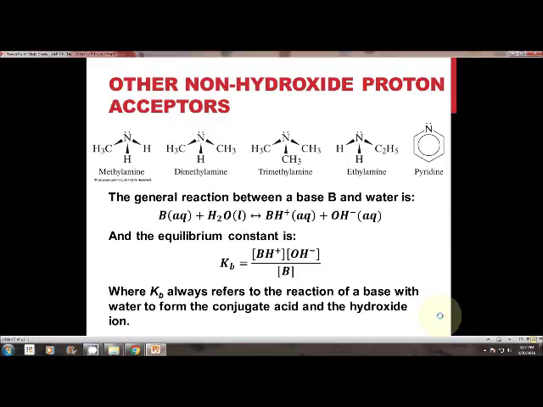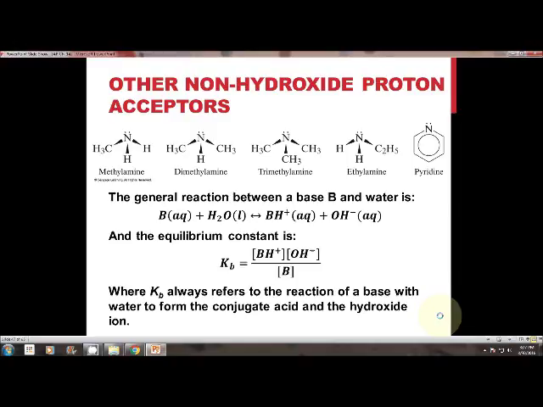So the general reaction between a base and water, especially when you don't have hydroxide included, is B, which stands for base, plus water yields the base with a proton added to it, and hydroxide. So at equilibrium, the Kb, which stands for the base's equilibrium constant, is the conjugate acid times the hydroxide over the original base concentration.